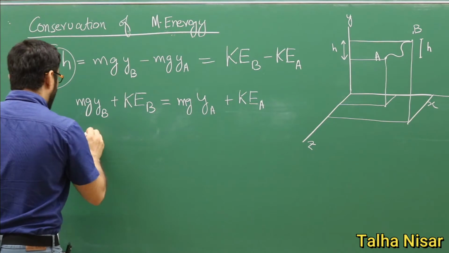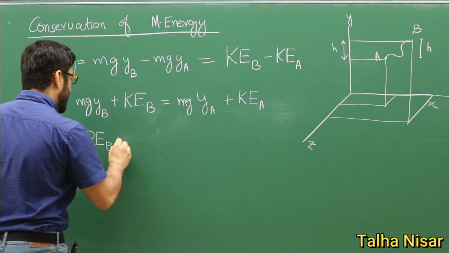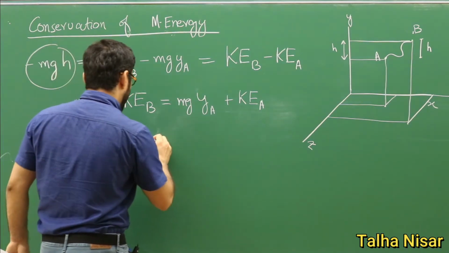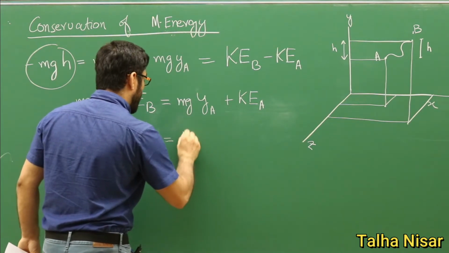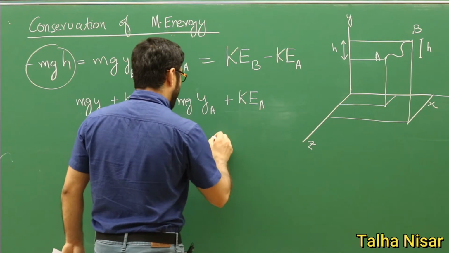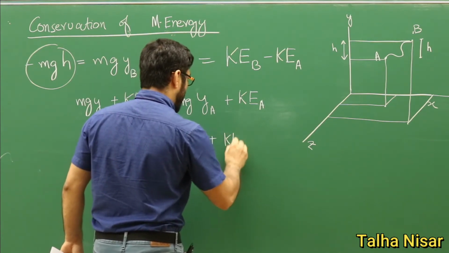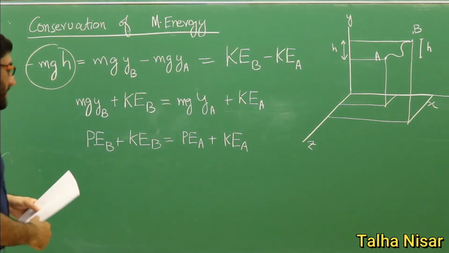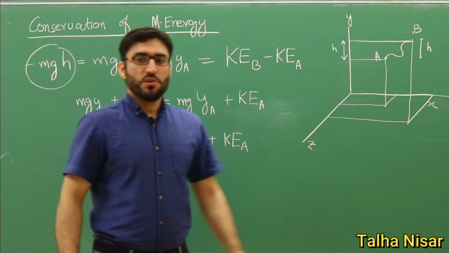So we can now write that the potential energy at point B plus the kinetic energy at point B is equal to the potential energy plus the kinetic energy at point A.